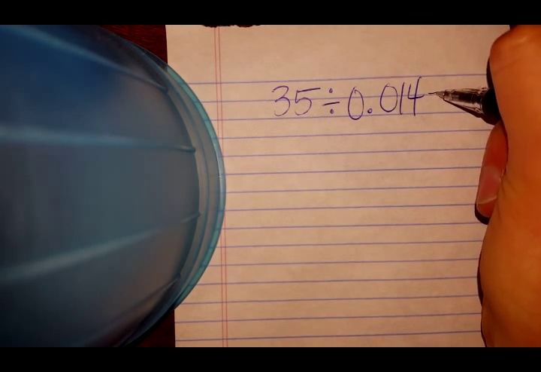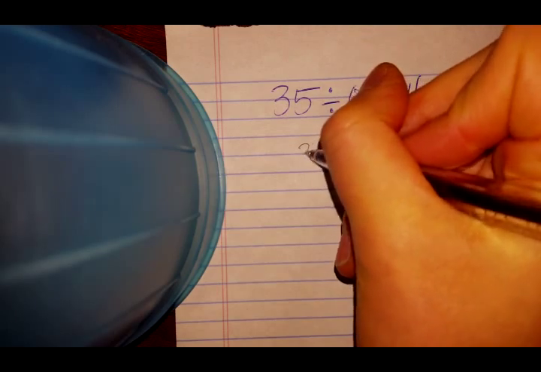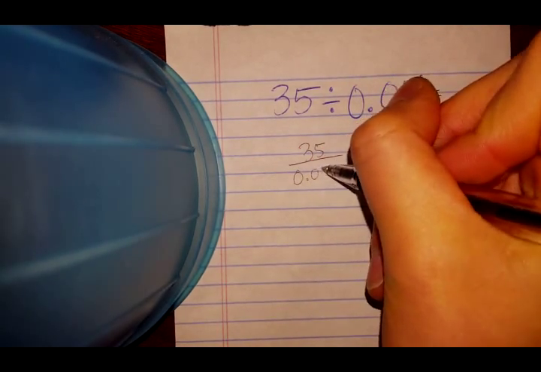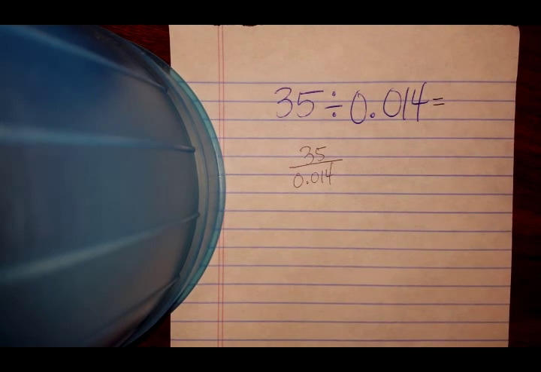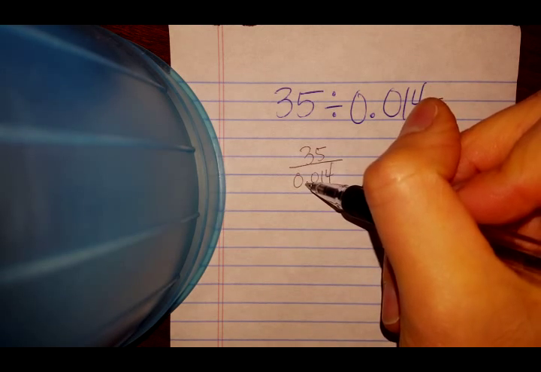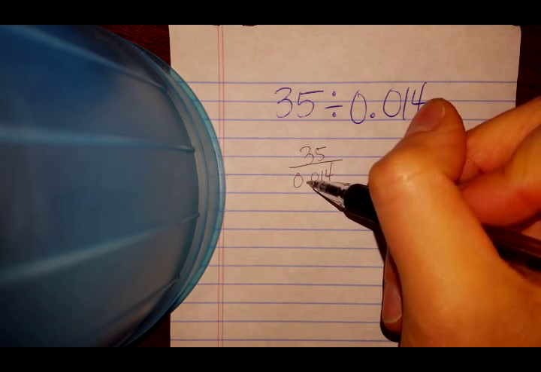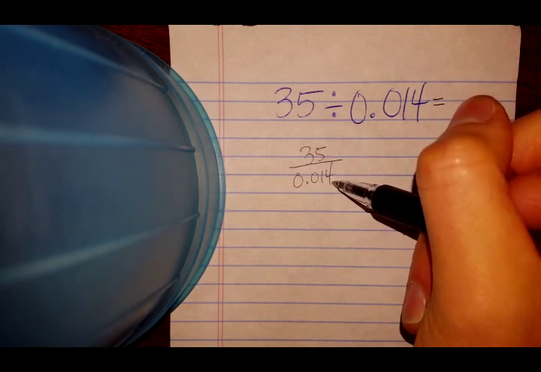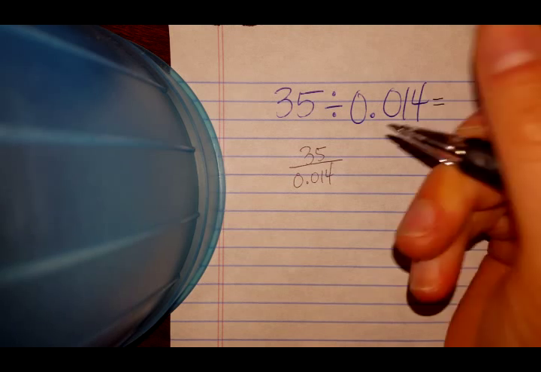So I'll start by writing this as a fraction, 35 over 0.014. Okay, it's not a whole number in both numerator and denominator. So I know that I would have to multiply 14 thousandths by 10, by 100, by 1,000 to get it to be a whole number.